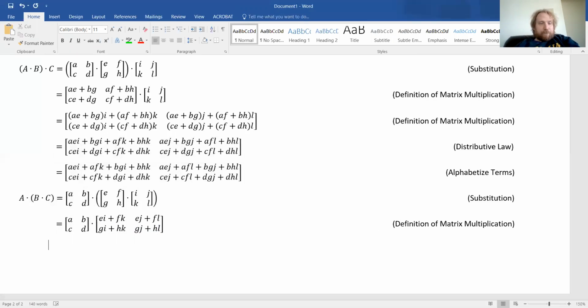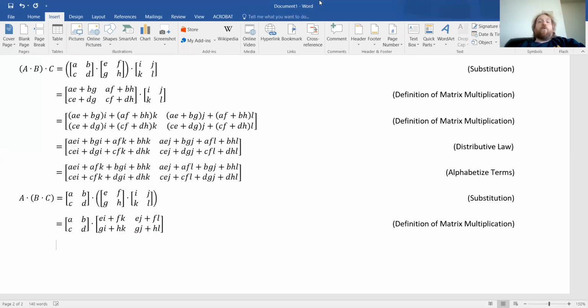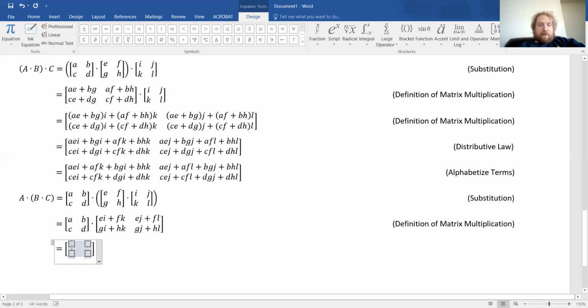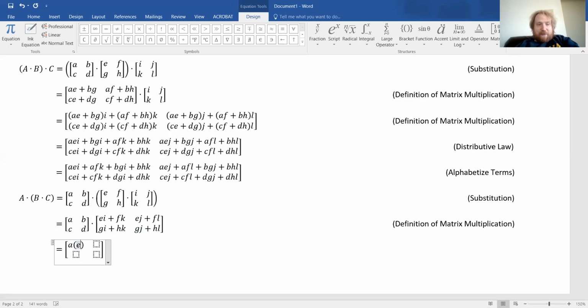Now, let's work this out one step further. Let's do the next product. So I get A times the quantity EI plus FK plus B times the quantity GI plus HK.